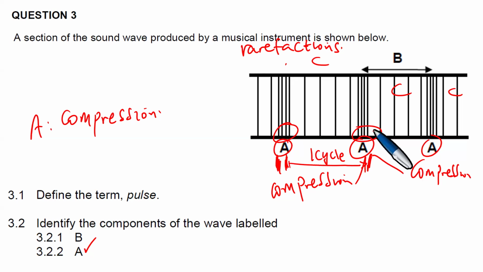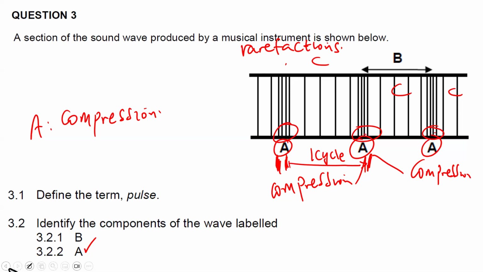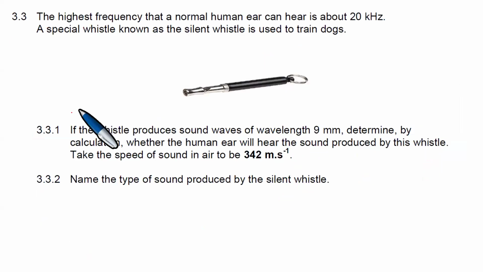Where they're closer to each other, we measure a full cycle, and between here and there we measure a full cycle as well. Take note of that. That was 3.2. So that's the compression A, and B is called the wavelength. Let's move to the next one.